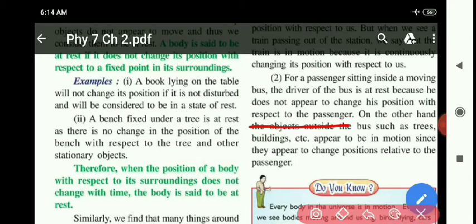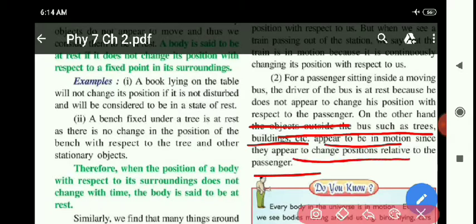Suppose we are sitting in the bus. For us, the driver of the bus is at rest because the driver is moving nowhere. Only the bus is moving, because the driver does not change his position. On the other hand, if we look at objects outside the bus, trees and buildings appear to be in motion, since they appear to change positions relative to the passengers.